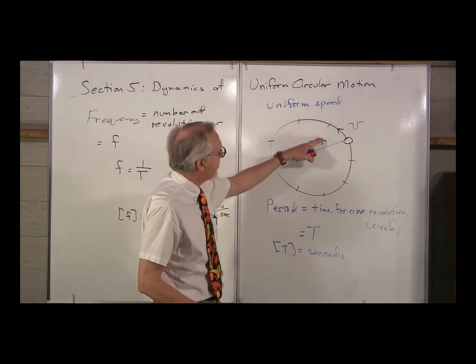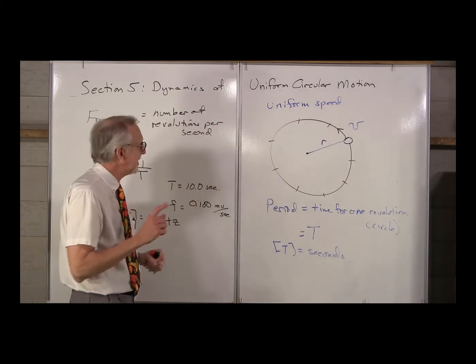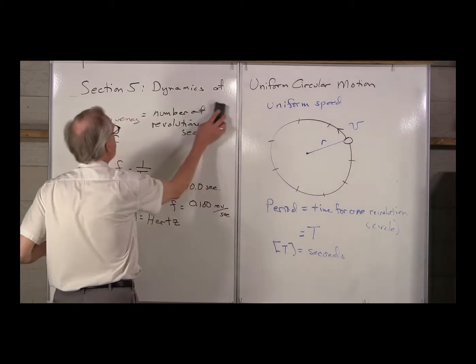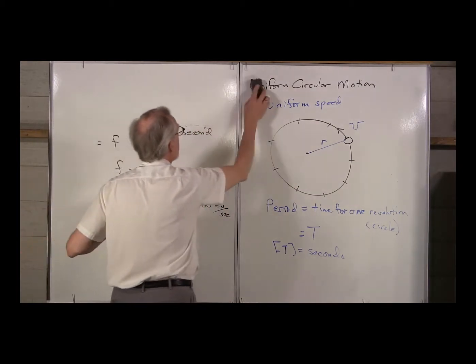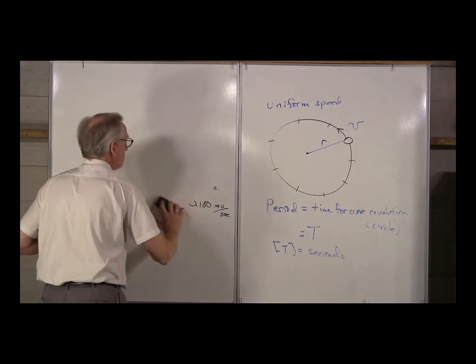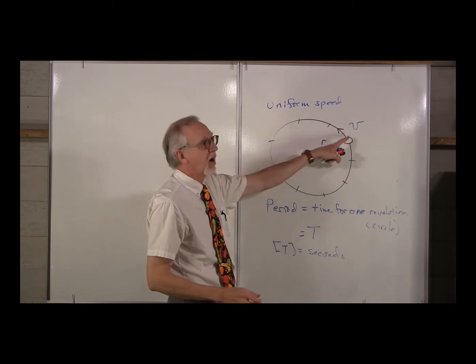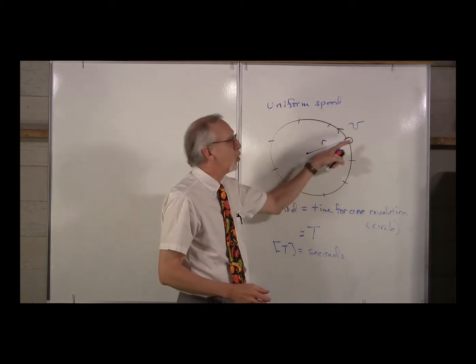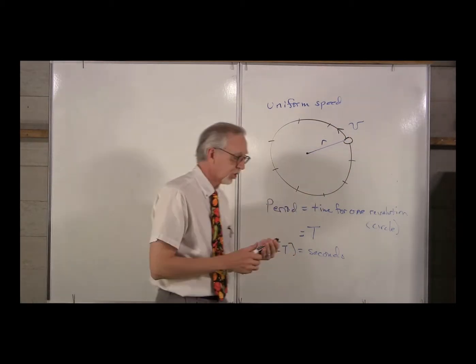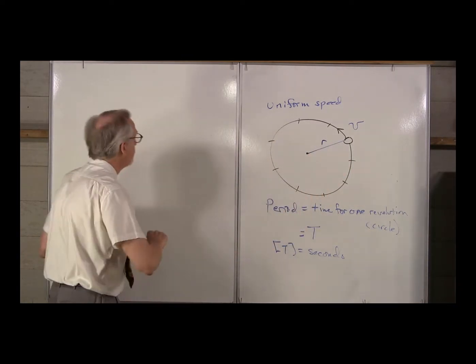How are these related? The radius, the frequency, the period, the velocity. Well, let's think about this for a second. How far does our object move in 1 revolution, in 1 circle? Well, it will go 1 circumference of the circle.